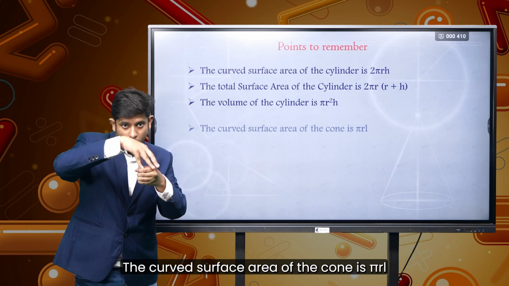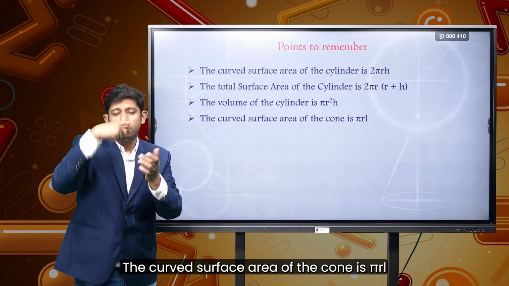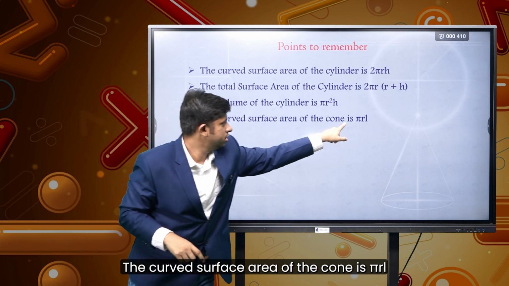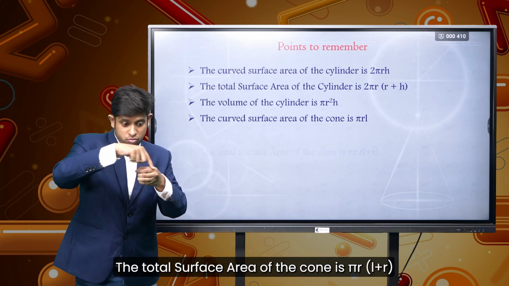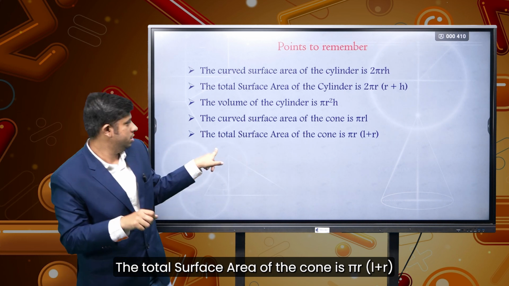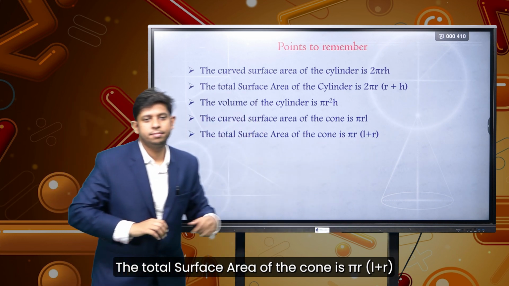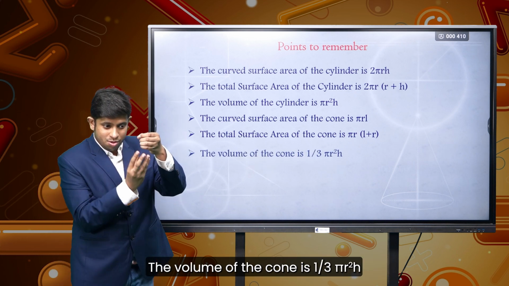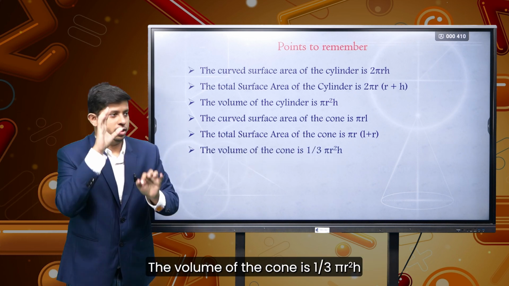The curved surface area of the cone is pi r l. The total surface area of the cone is pi r into L plus r. The volume of the cone is 1 by 3 pi r square h.